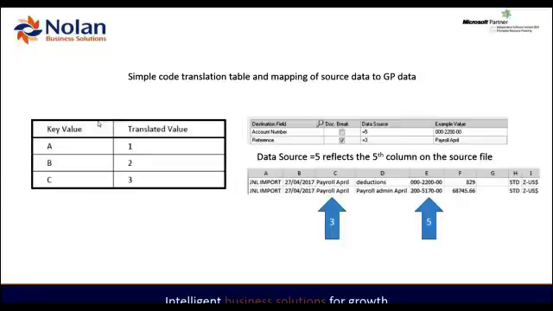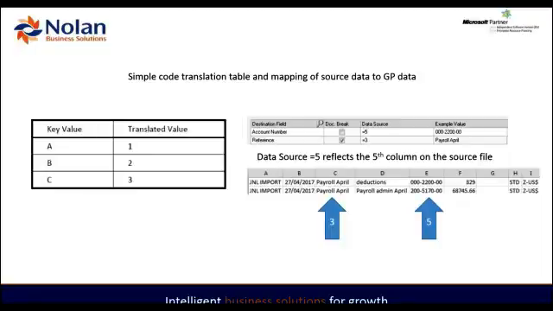And also the setup of the data is quite straightforward. It's all within GP, so you don't have to be using an external product such as an integration manager. You can use it within GP, and it's an intuitive tool for users to be able to set up and to modify as well.